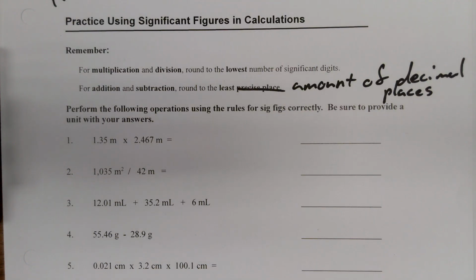First thing I want you to do, at the top of your paper, we have to make a small correction. In our reminder section, it says for addition and subtraction, round to the least precise place. I want you to cross out "precise place" and write "amount of decimal places."